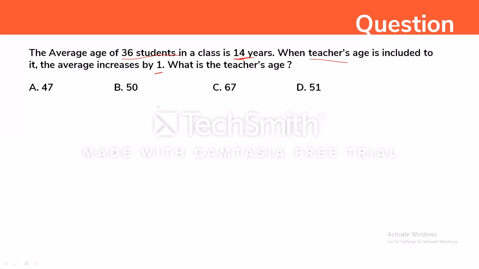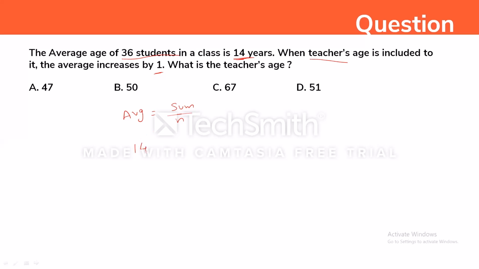Now let me explain this using the normal process that students used to follow, and then I will teach you the best trick so that you can save a lot of time and get the answer within 20 seconds. Here we know the basic formula: average is nothing but sum of numbers divided by total number of numbers. The average of 36 students in a class is 14 years.